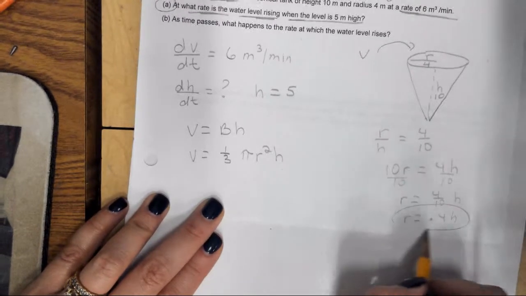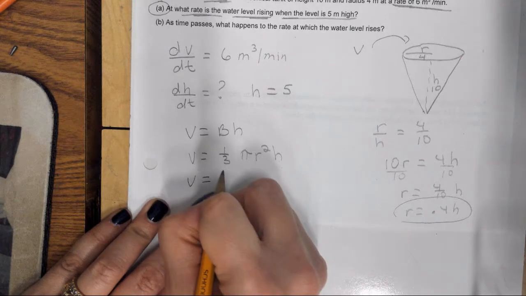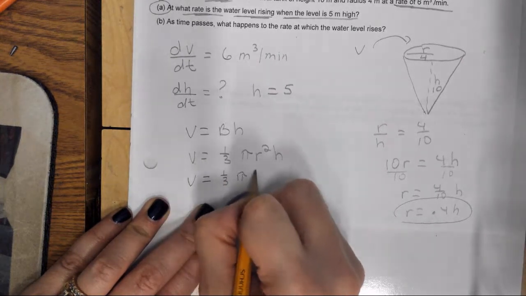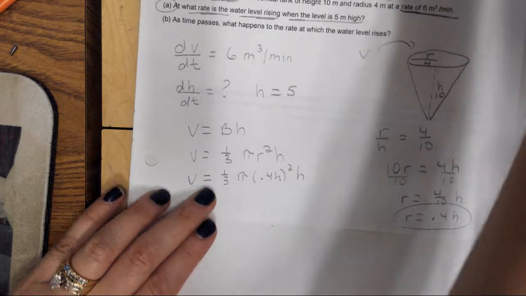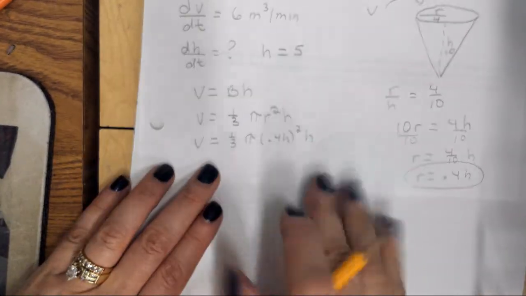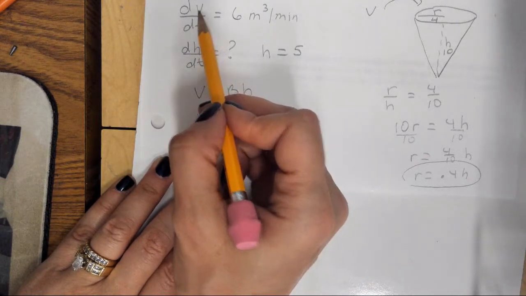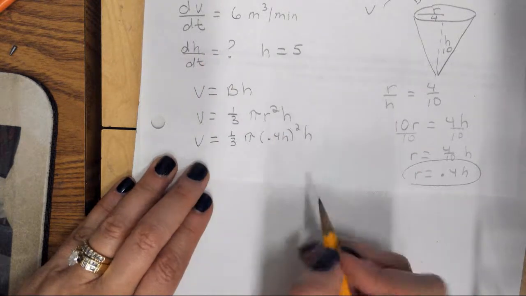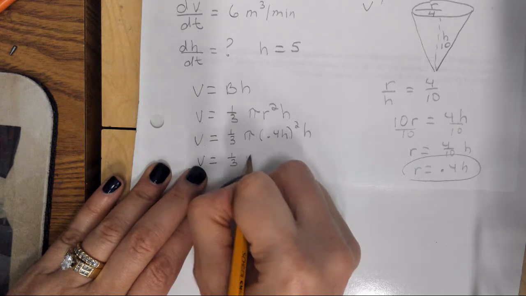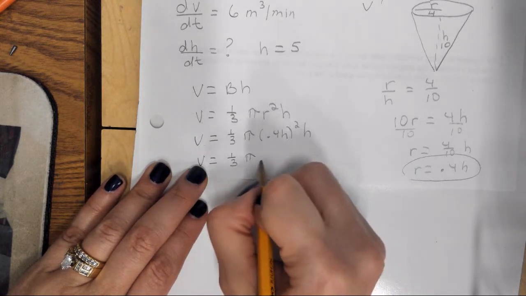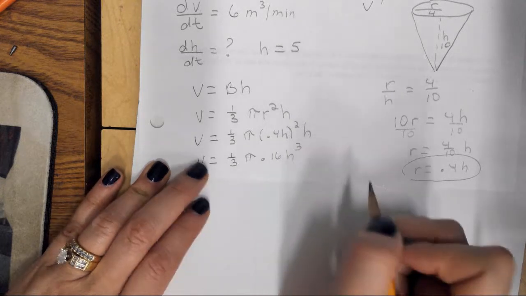Well, now I have r in terms of h, so I can get rid of the r here and rewrite this as volume equals 1/3 pi, my r is now 0.4h, squared, times h. Well, now if I differentiate, I have V and h, which is all I want, dV over dt and dh over dt. So let's just fix this more. 1/3 pi, and when I square this, I get 0.16. h squared times h is h to the third.